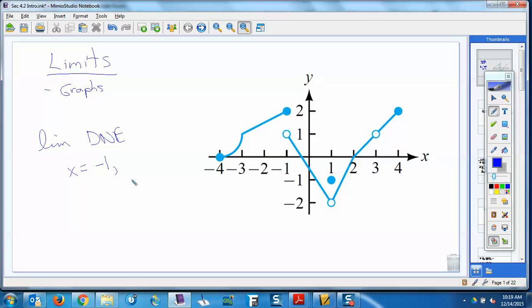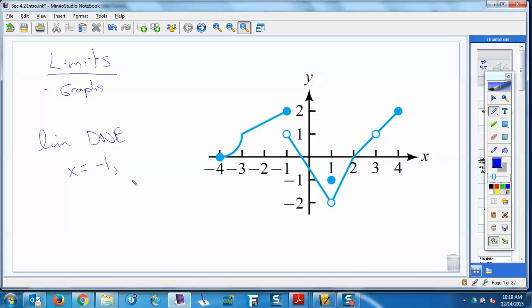Okay, so at 1, the limit is what? At 1, the limit is -2. Again, the answer to a limit is a number. So let's get back to this idea of what we're finding. The answer to a limit is a number, and the number is what the y values are approaching.